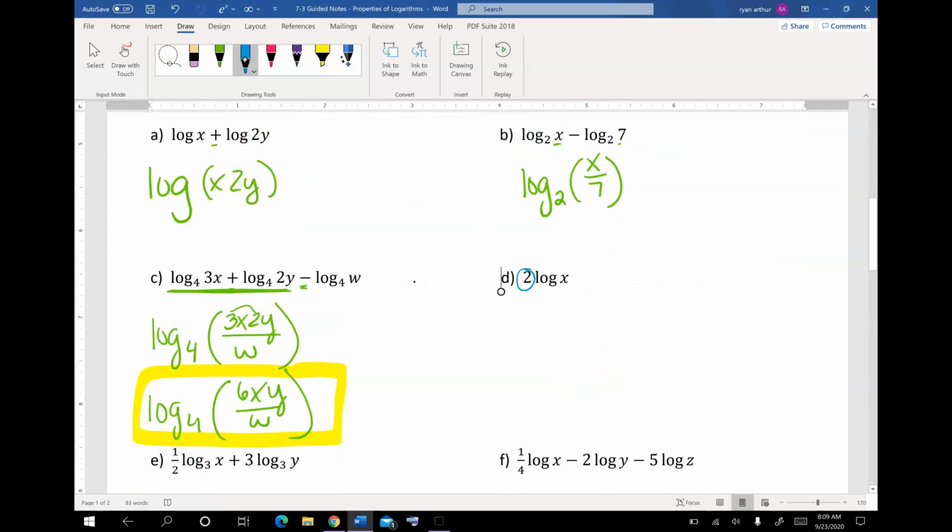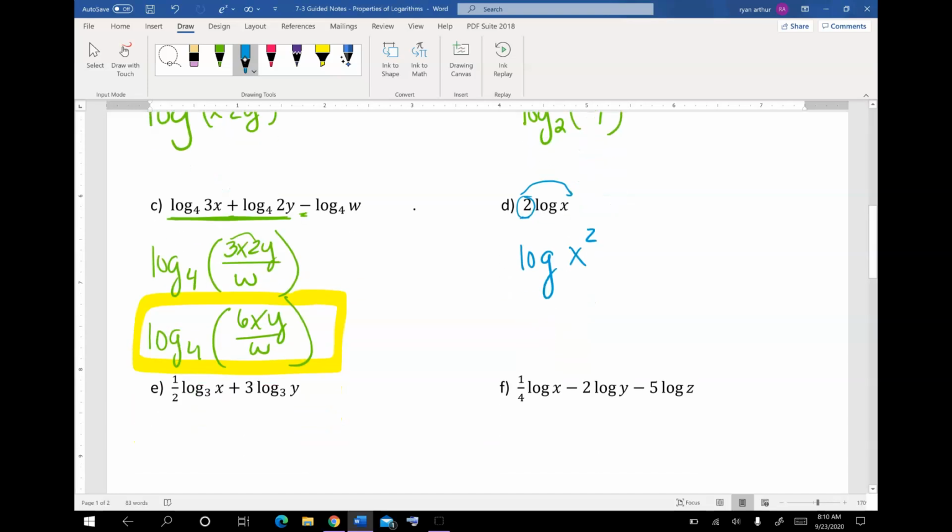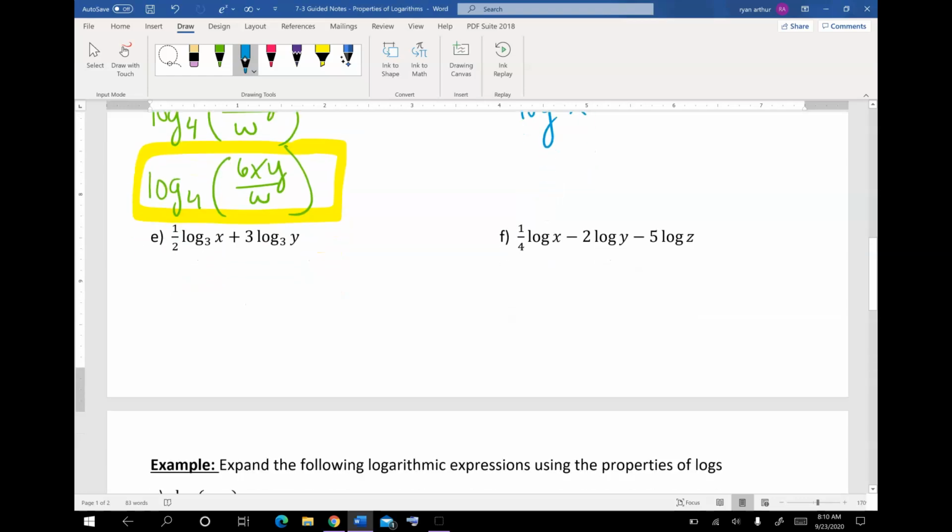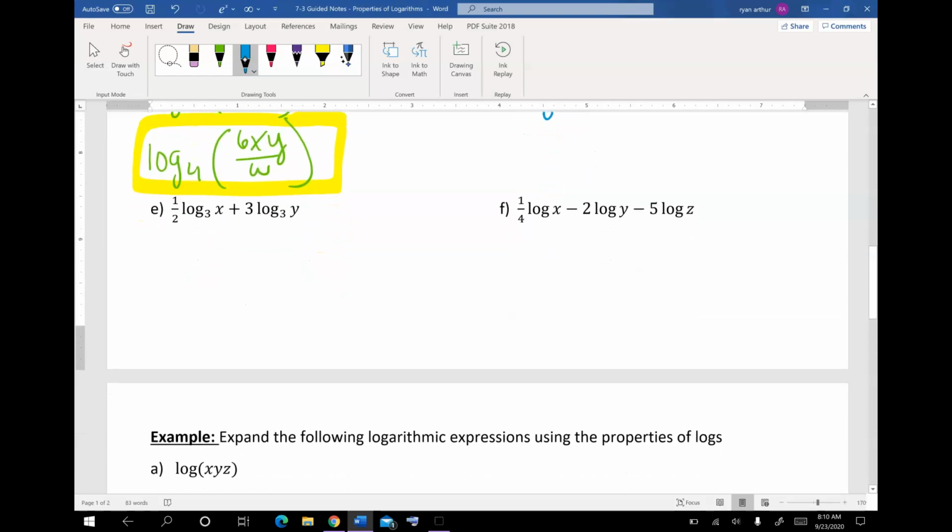So this is an exponent right here. So I'm going to remake it an exponent. And so this condensed version will be log of x squared. So anytime you have a number in front of log and it's telling you to condense, it wants you to make it an exponent.